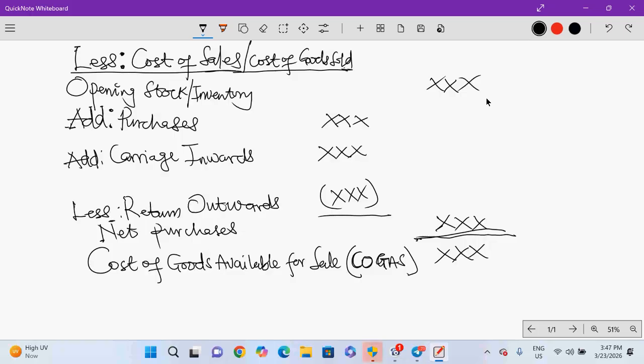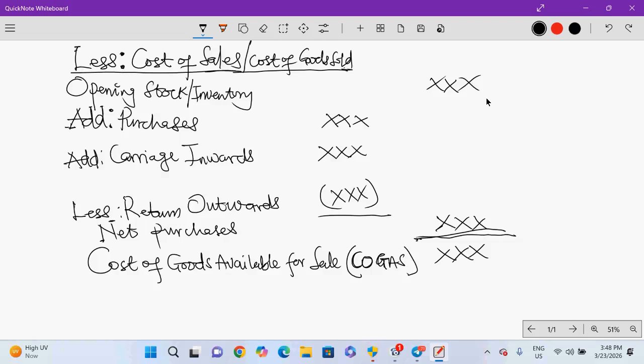You less the closing inventory. We less the closing inventory. No, I'm not talking about the closing inventory. Less the drawings. Yes, it will affect our drawings.